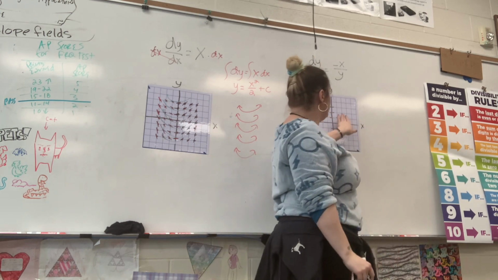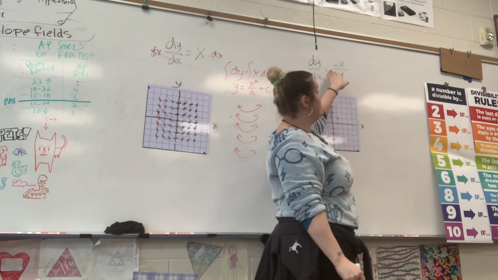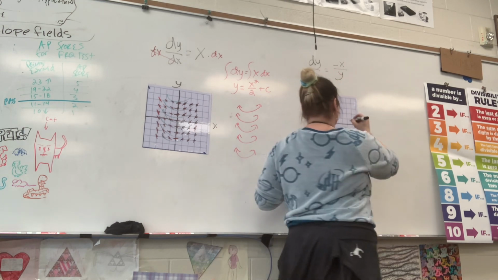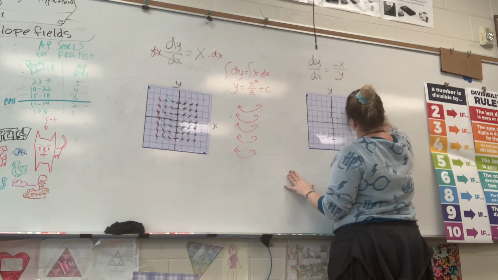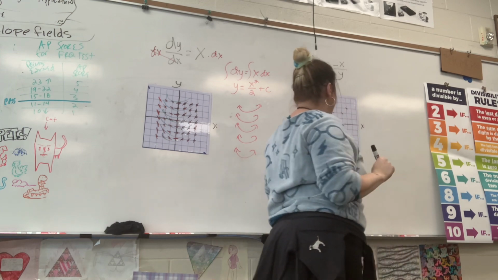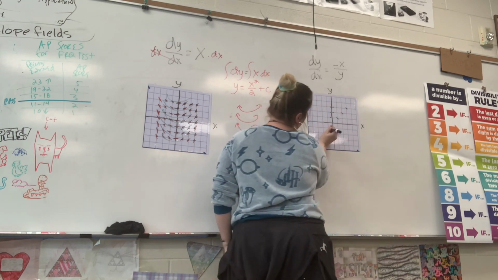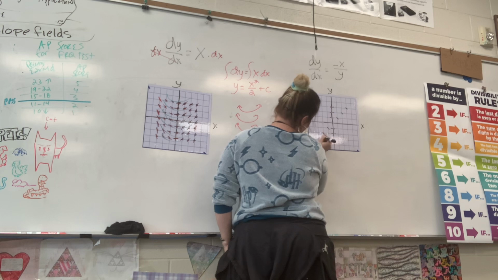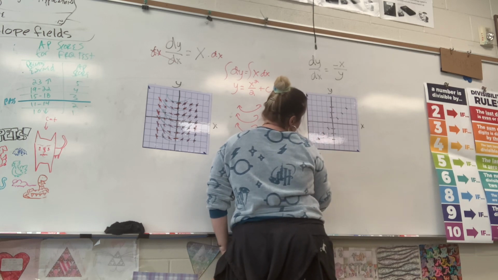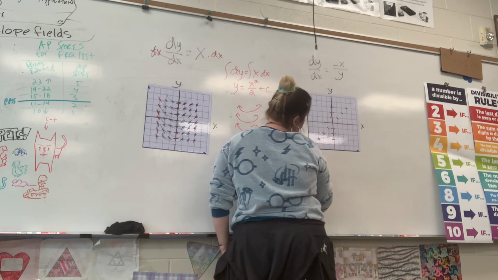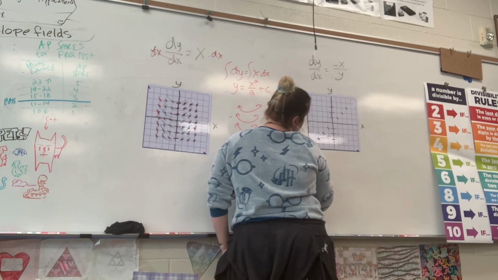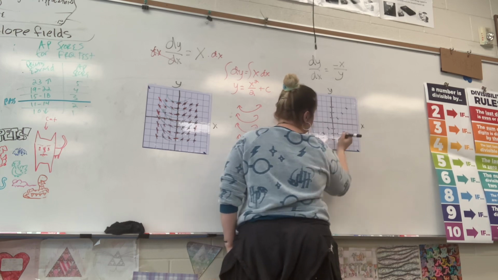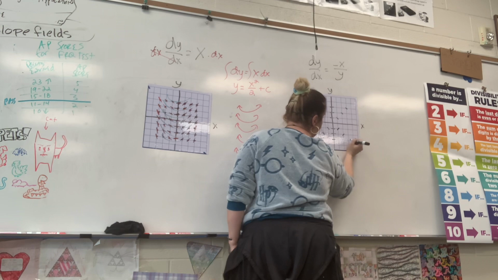If I have 2, 2, it would be -2 over 2, so it would be -1. And the other diagonal is opposite.